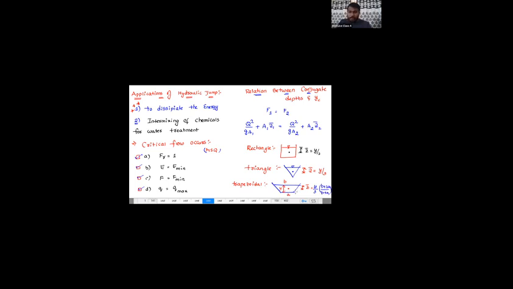Here you need to know the base width and top width. So that's it for the trapezoidal. That's the centroid, right? From here to here, this is the centroid.